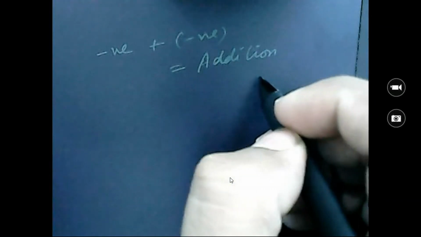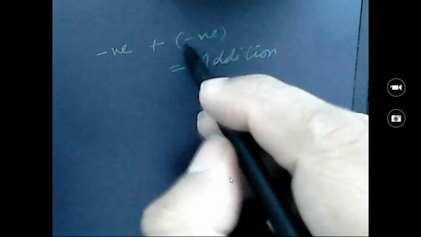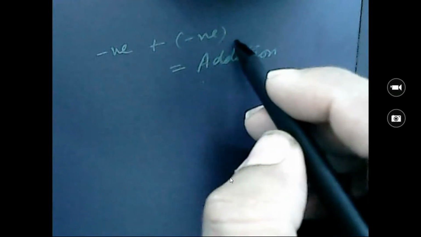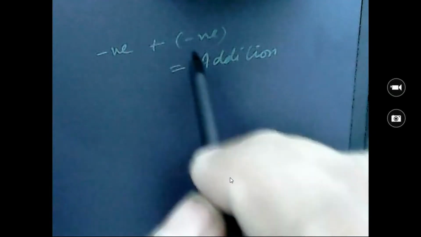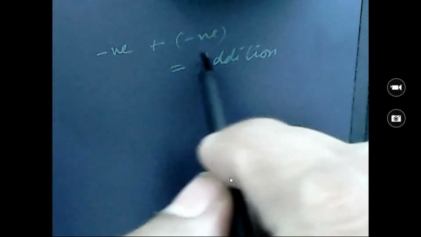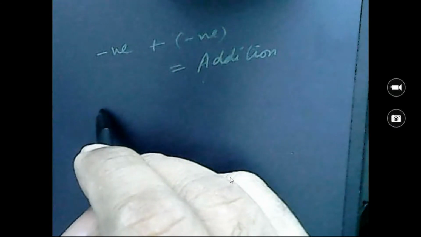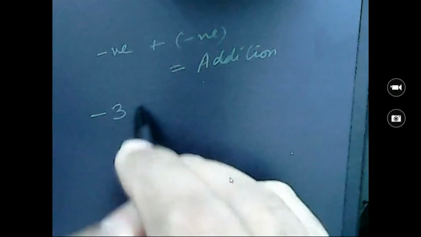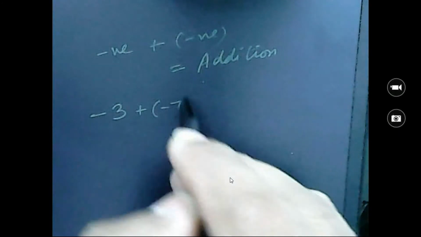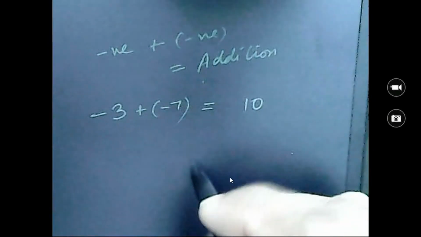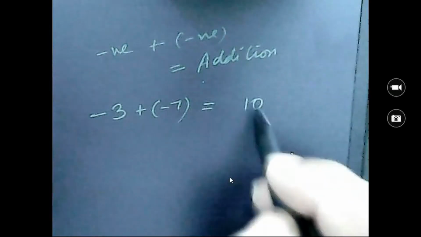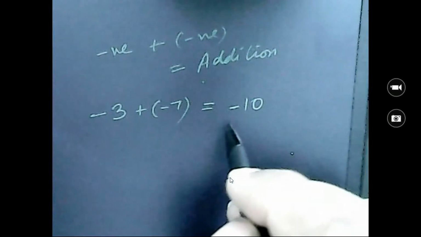The sign of the result will be the sign of the greater number. Let me cover this addition part once again. If we have -3 and we add it with -7, so 7 plus 3 is 10, and the sign that the greater number has is minus, so the output will be minus 10.